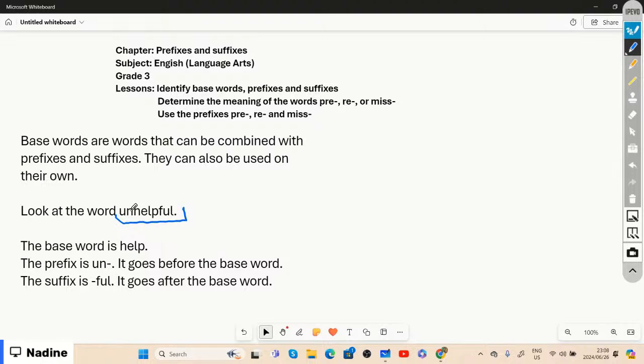If we were to break up this word, we would have un, help, and full. Which means that help is our base word. That is the word that can stand on its own.